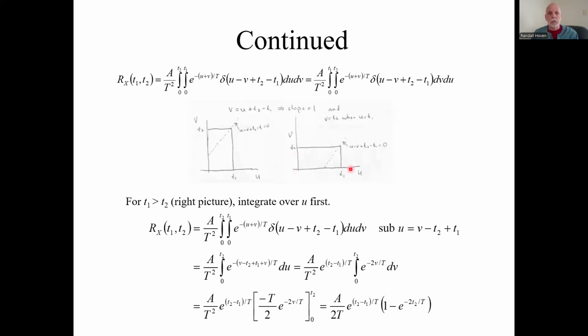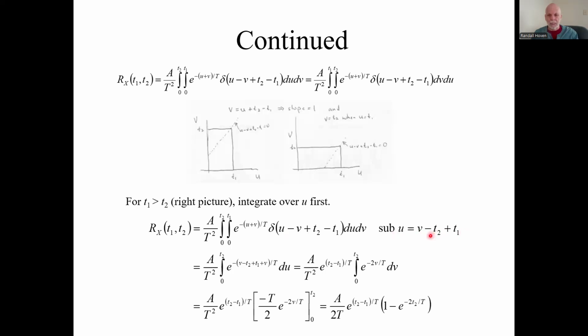Now for this picture on the right, we're going to integrate over U first. We're going to be using this formulation here. So now we want to substitute in the U that makes this argument 0. That's where U equals V minus T2 plus T1.